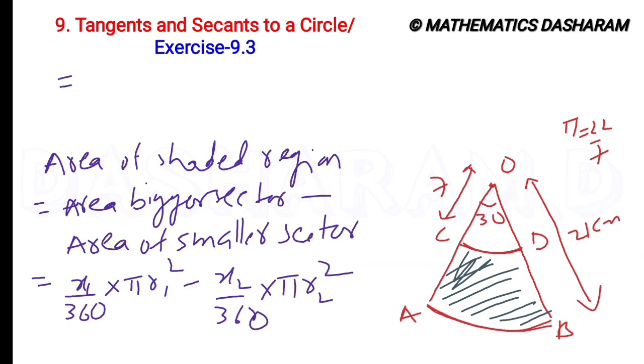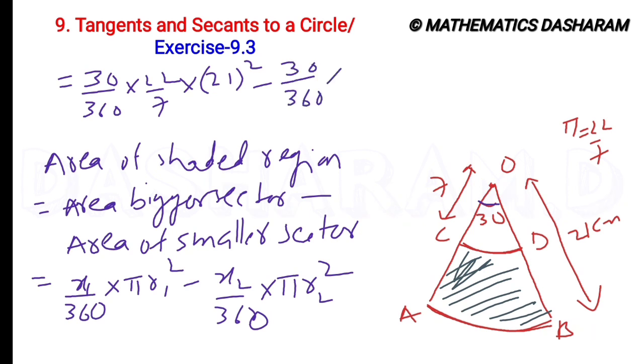So it is equal to x, x means angle at the center. What is that? 30 by 360 into pi value 22 by 7 into r1. R1 means radius of the bigger circle, that is 21 square. Next x2, also same 30 degrees by 360 into 22 by 7 into radius of the smaller circle 7 square.